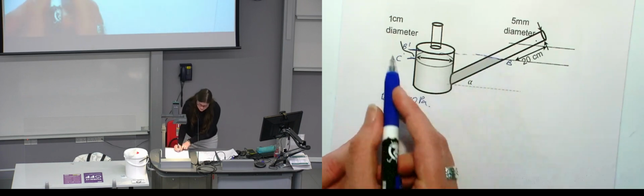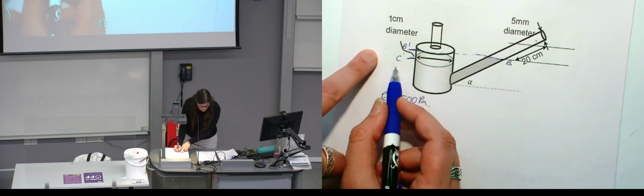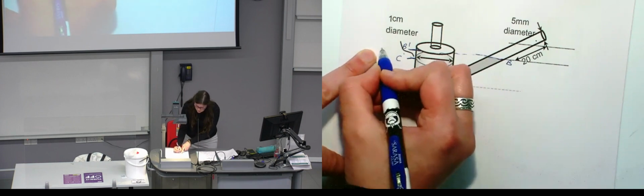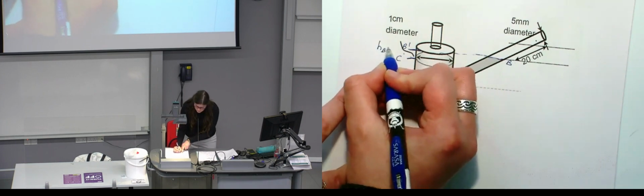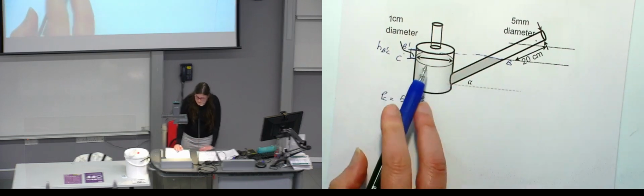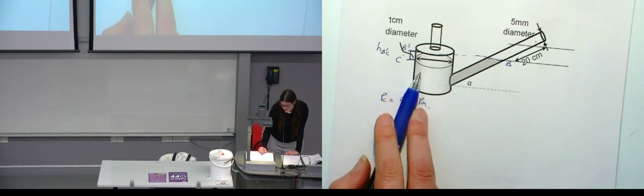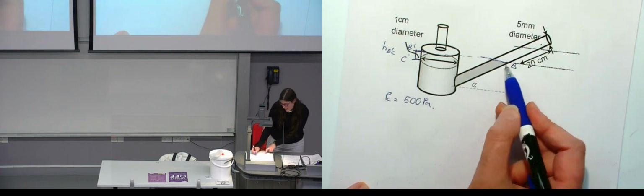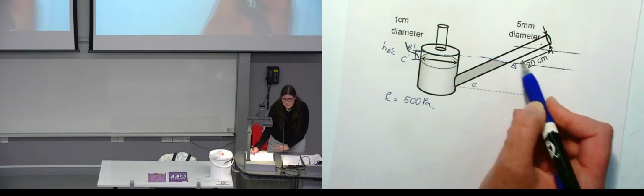The displacement in what I called HBC, which is this distance, the volume that you've displaced here will be the same volume as the oil moves here, because it's incompressible. And we will use this a bit later in the exercise.